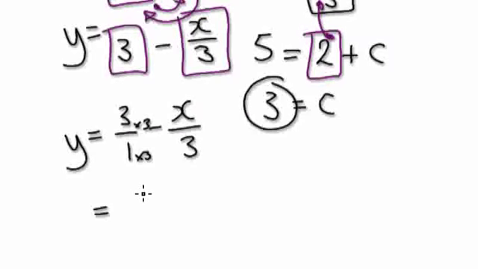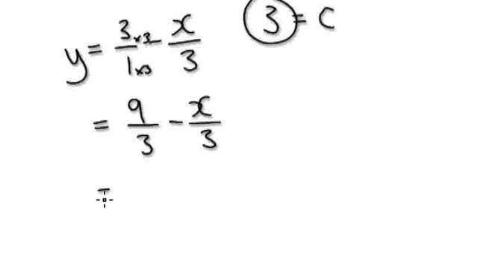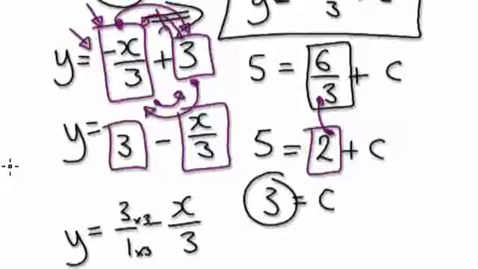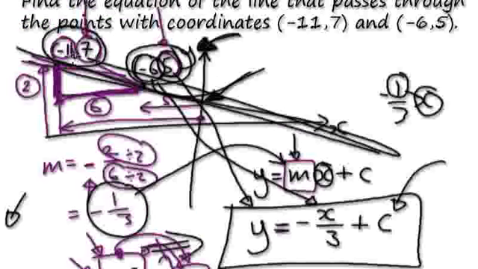So it will be 9 over 3 minus x over 3. Now the two denominators are the same, so we can merge. This will be y equals 9 minus x over 3. So this is our equation for this line here.